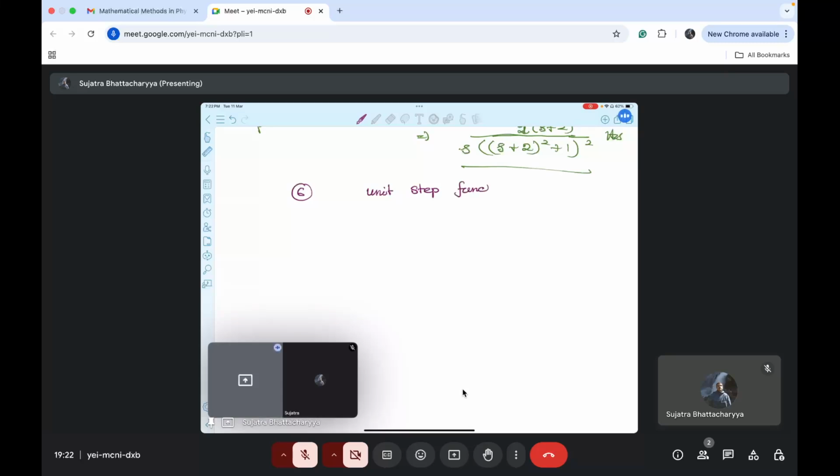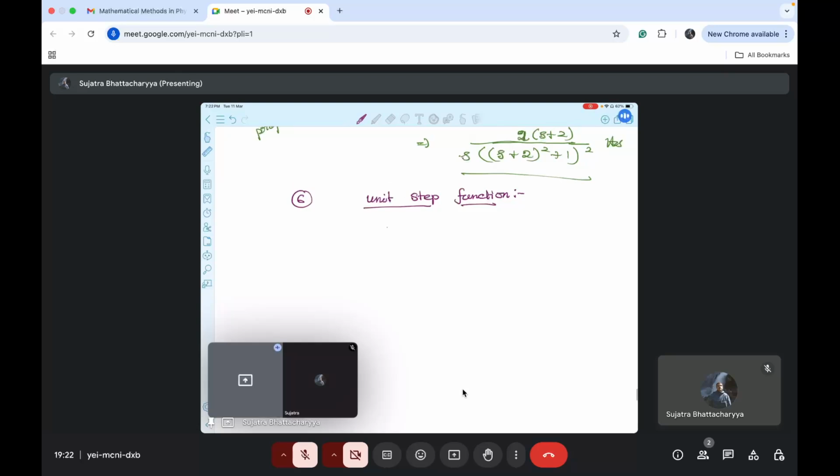And once you understand what the unit step function is, its Laplace transform becomes very, very easy to calculate. Okay, so what is the unit step function? It is defined as u(x minus a), which is nothing but 0 and 1. It is 0 when x is less than a, and when x is greater than or equal to a, it becomes 1.